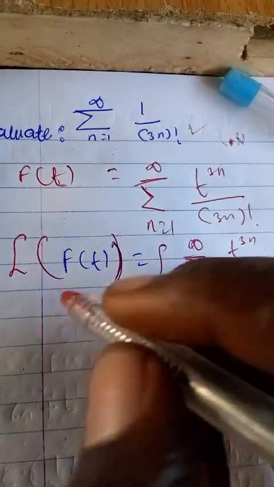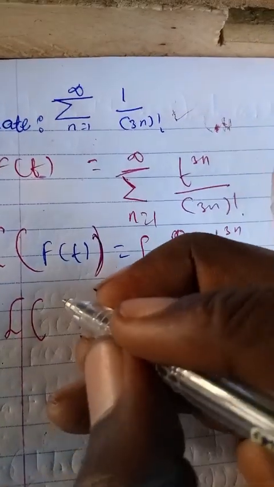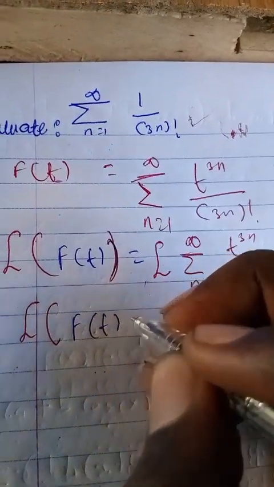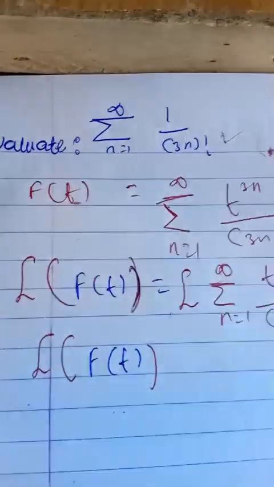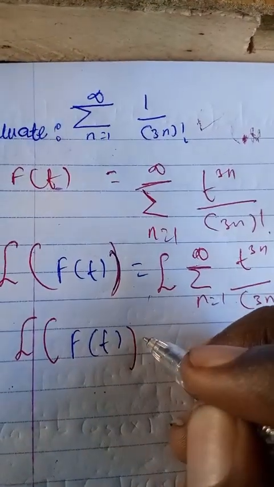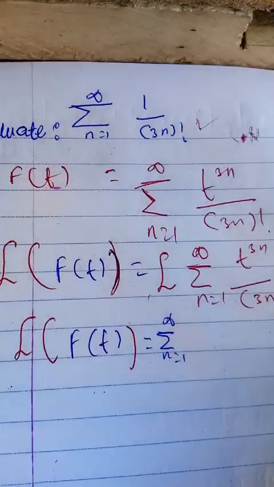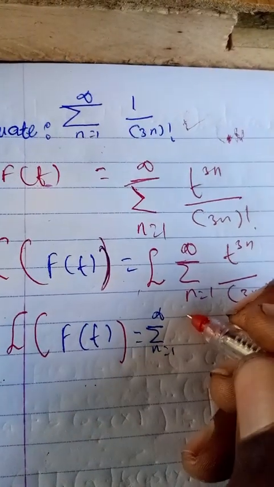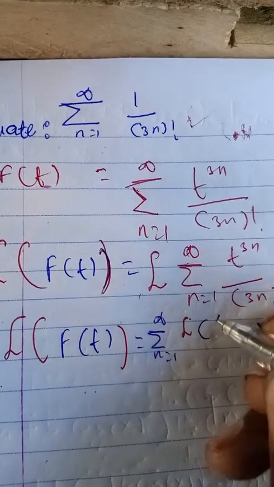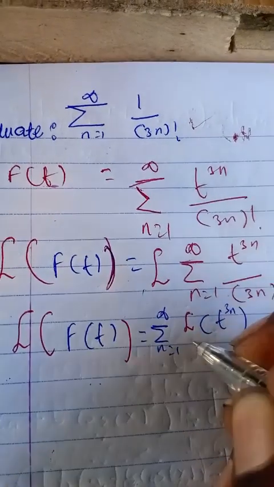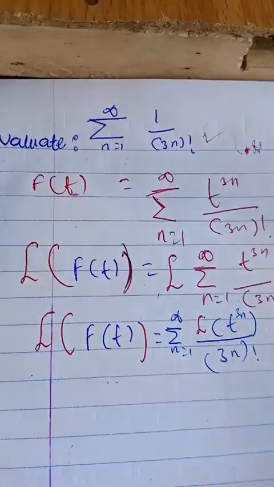So the Laplace transform of f of t is equal to the sum of n running from 1 to infinity of the Laplace transform of t raised to the power of 3n, everything over 3n factorial.